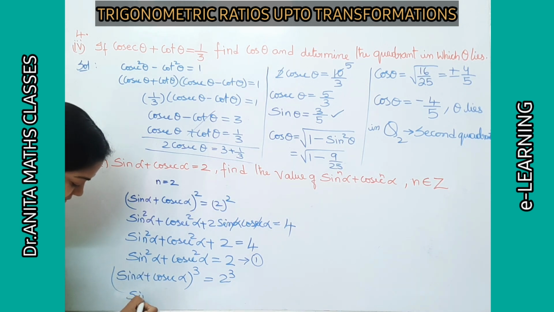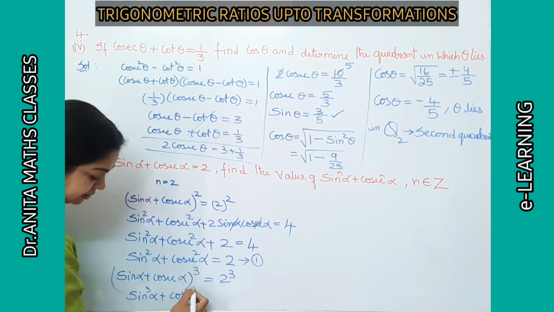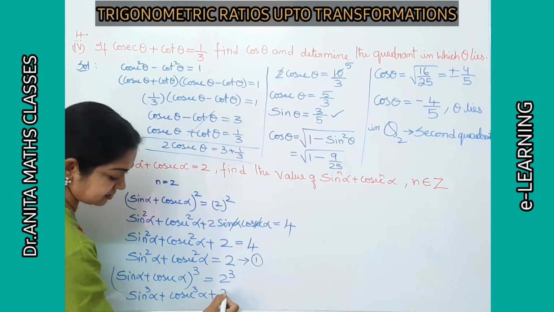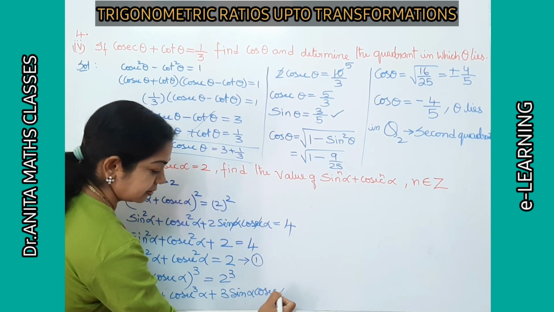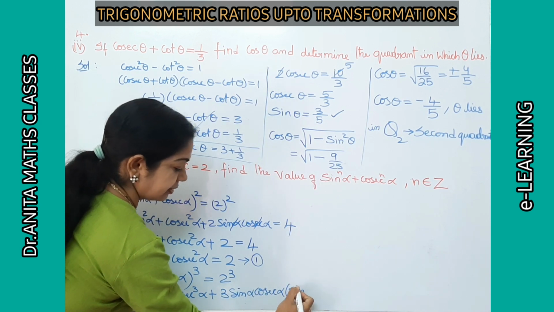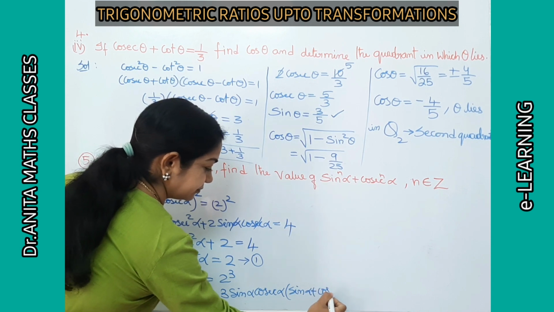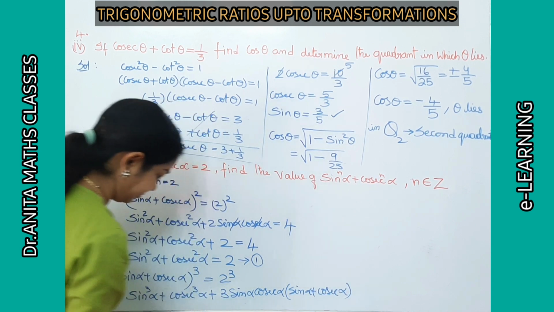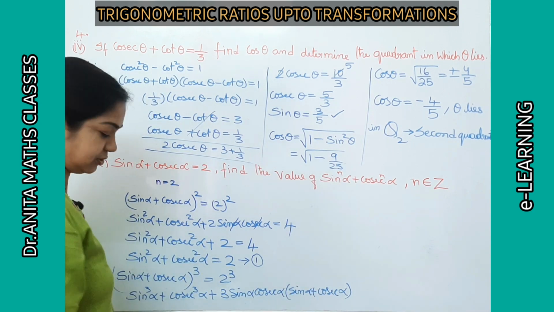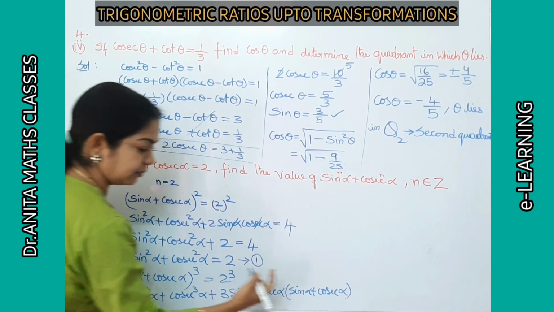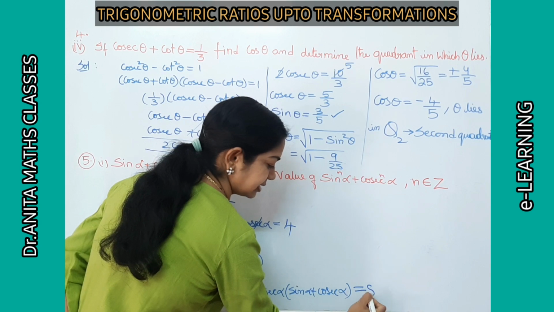We will expand it: sine cube alpha plus cosecant cube alpha plus 3 sine alpha cosecant alpha into sine alpha plus cosecant alpha. This is nothing but a cube plus b cube plus 3ab into a plus b. So I have expanded it, equals 2 to the power of 3, which is 8.